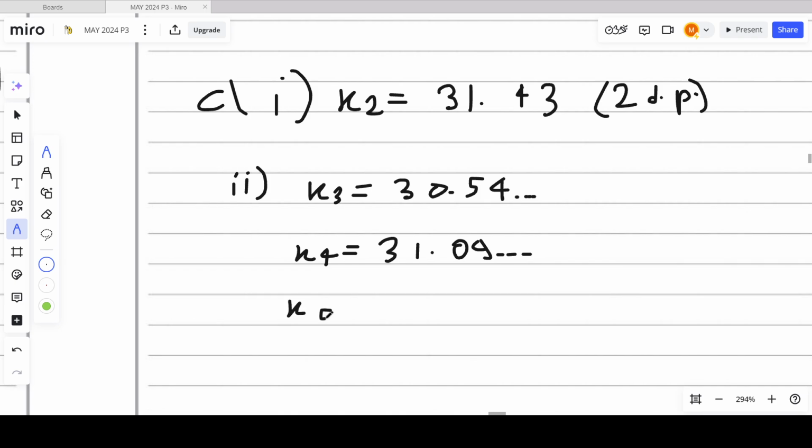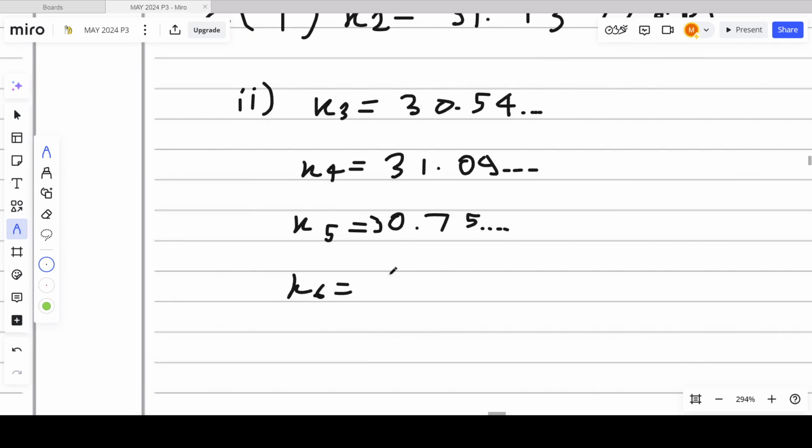Okay, x5 would be 30.75. Then x6 is what? Again press equal, it will be 30.96 and so on.